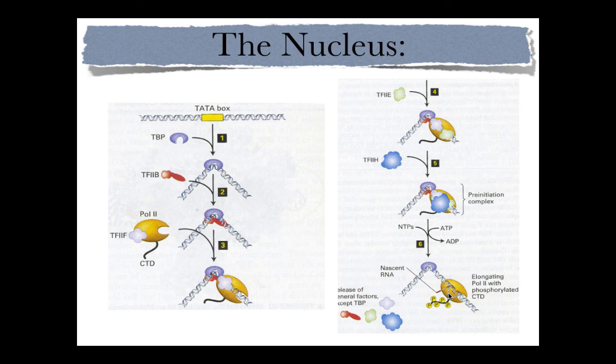It relies on other proteins to do that. What's an example of another protein that it probably relies on? TATA binding protein. Yep. So you could put, for example, TATA binding protein.